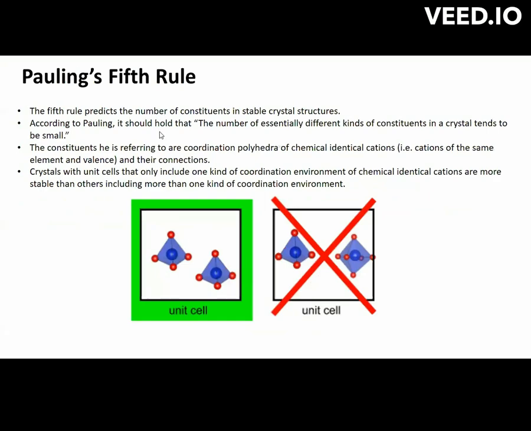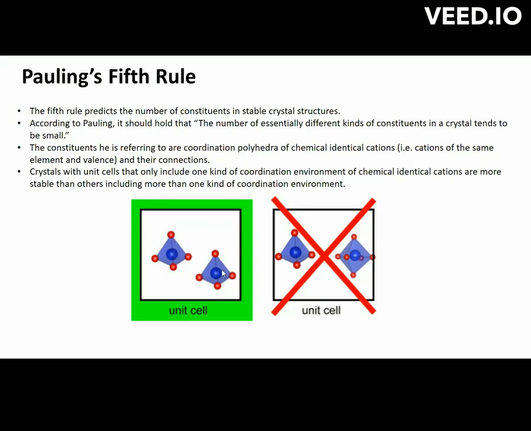So this fifth rule predicts the number of constituents in the stable crystal structure. According to this rule, the number of essentially different kinds of constituents in a crystal must be small, or tends to be small. The constituents here he is referring to are coordination polyhedra of chemically identical cations.